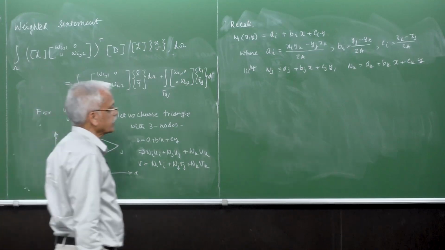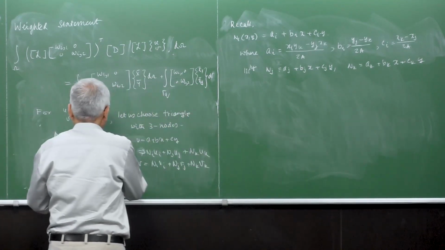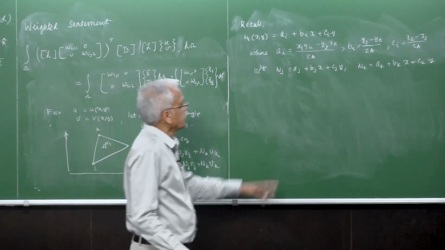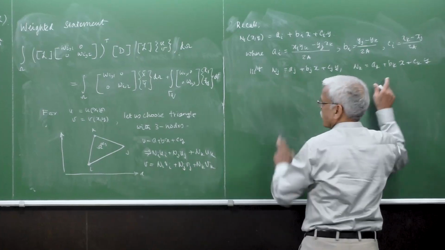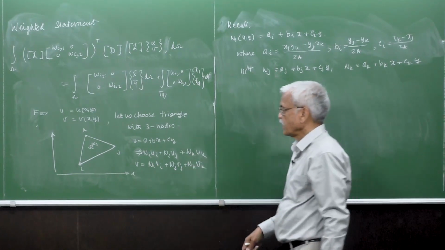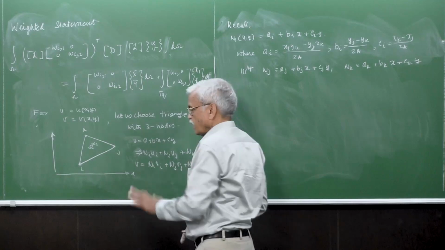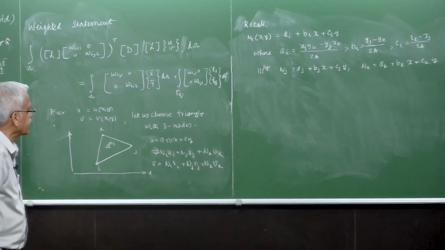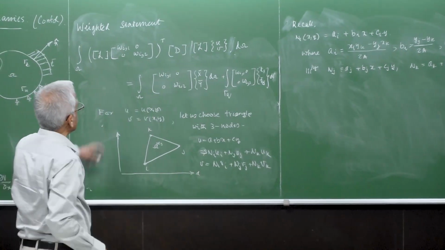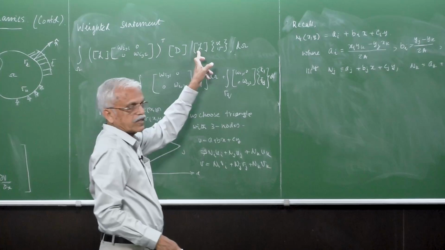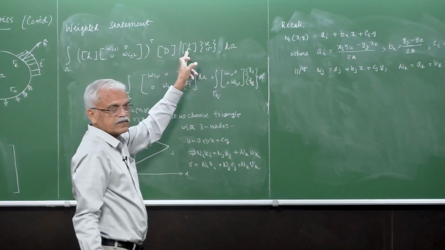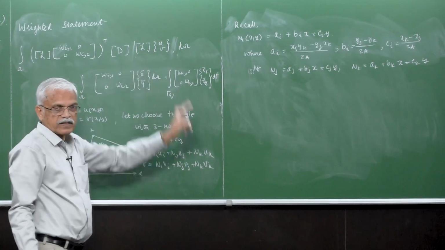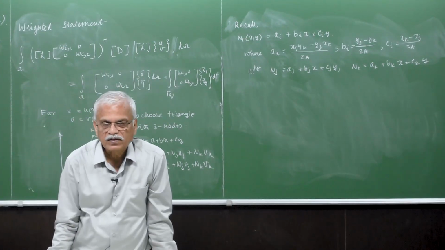So given the location of these i, j, k nodes, we can write down the shape functions, which represent the variation of u and v. There is also one thing I want to remind you: the weighted residual statement here is based on this weak form. Of course, L is a linear derivative operator on u, v, so that means it has first derivatives.